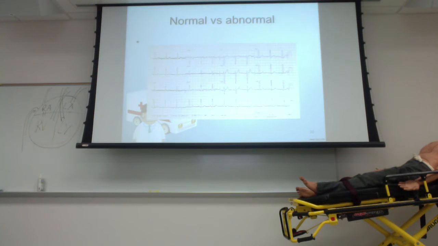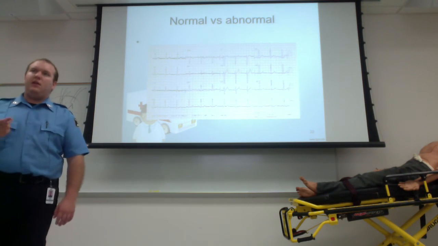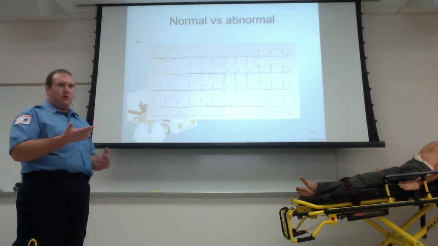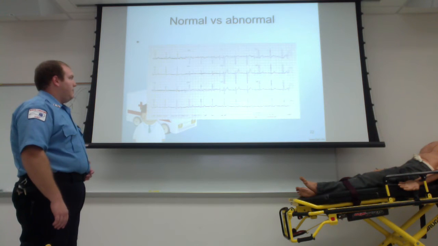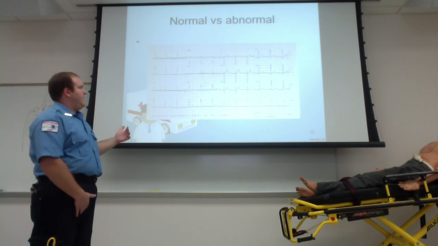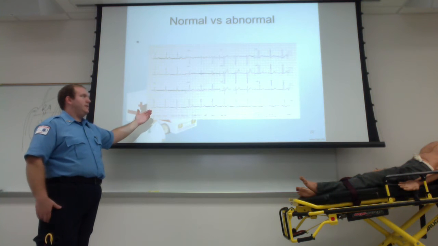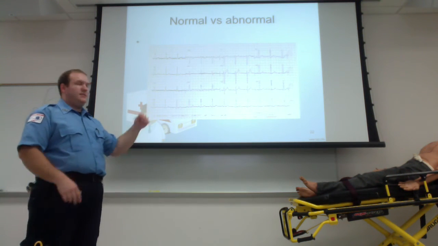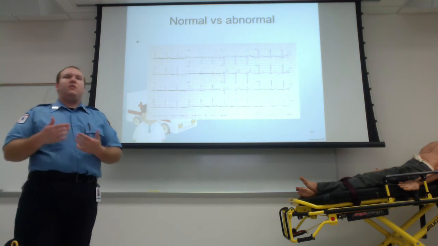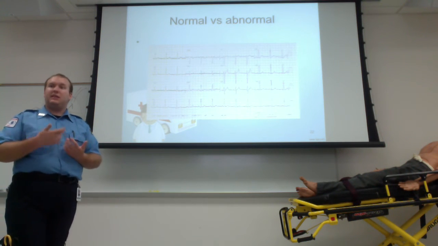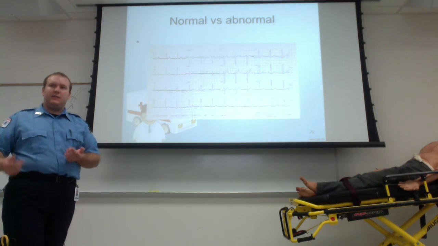One good thing: look at the people who study counterfeit money. They don't study counterfeit money, they study real money. That way, whenever they see something wrong, they know what's wrong. Same thing here, at y'all's level, I think that makes it easier. If you study and see enough normal looking 12 leads, when you see something that's different, you'll know something's up. Now, I showed a couple slides back, there are a lot of things that can imposter a STEMI or make a STEMI look like there's something there when there's really not.